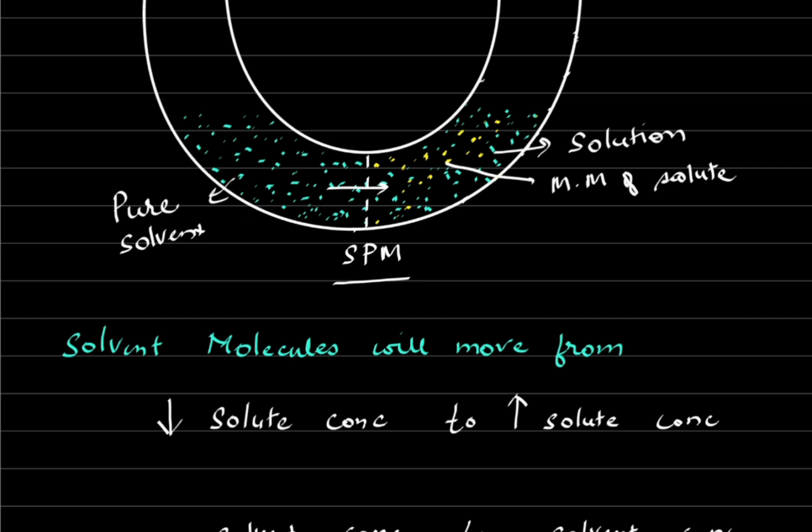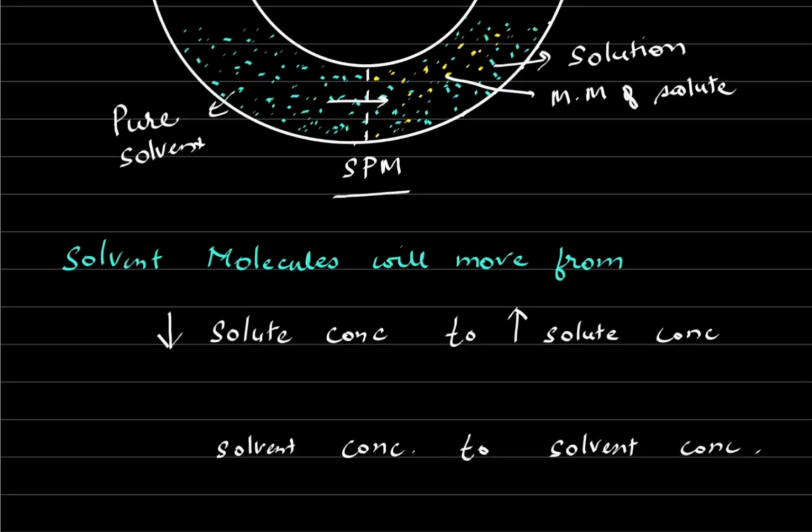If you want to express the same thing in terms of solvent concentration, you would say that solvent molecules travel from an area of high solvent concentration to an area of low solvent concentration.